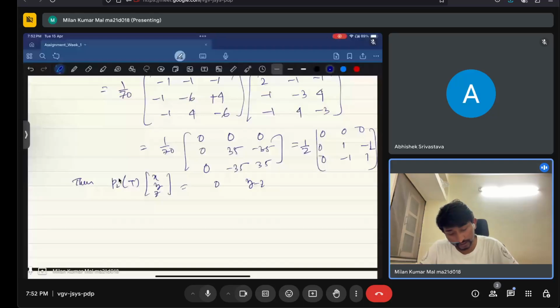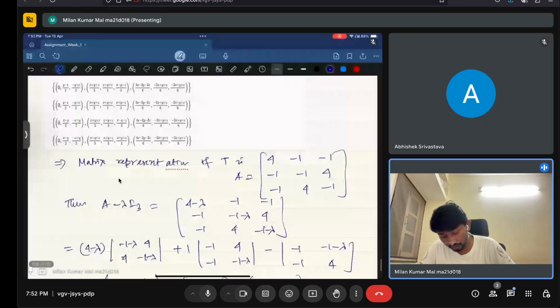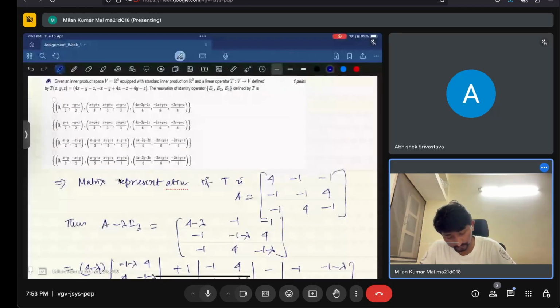Let's check which one it is: y minus z minus y z. So these two are the options, and you have to check the last one to confirm.